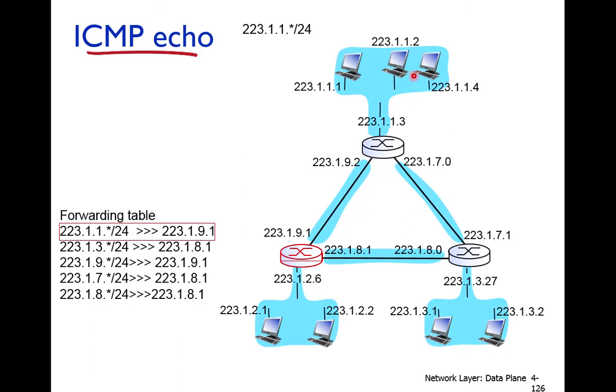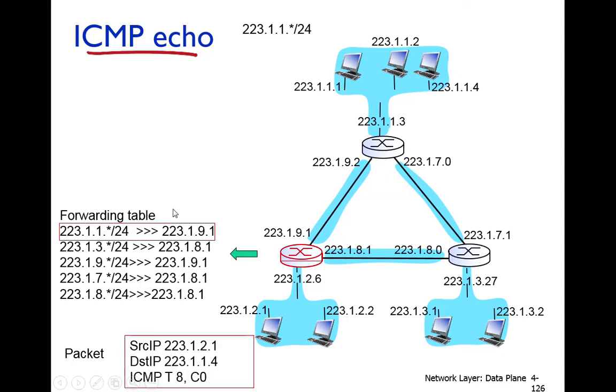Okay. So suppose that we have a table here, and similarly each machine has an echo client. So the echo client, suppose this is sending a packet, and this is an ICMP message.